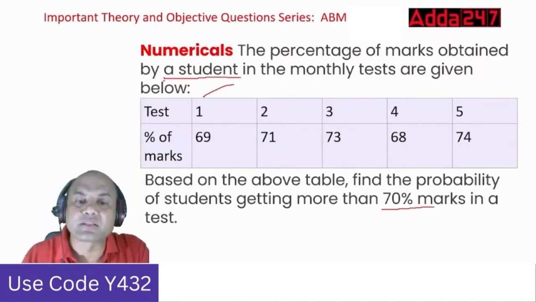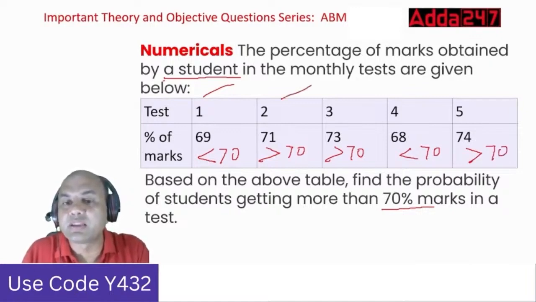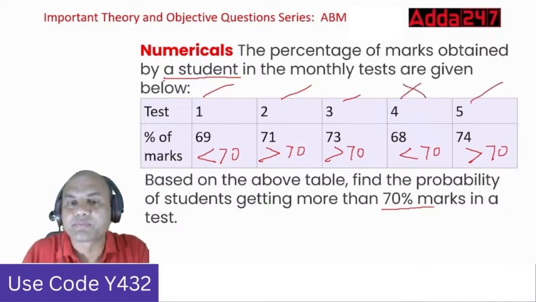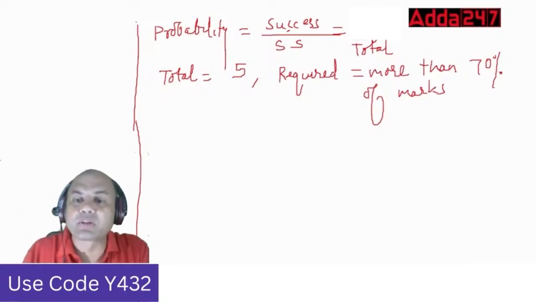In the first test, I am getting 69, so this is less than 70. This is greater than 70, right? Less than 70. Then greater than 70, right? So in how many am I getting greater than 70? 1, 2, and 3, right? And these two I'm not getting. So in 3 tests I'm getting more than 70.